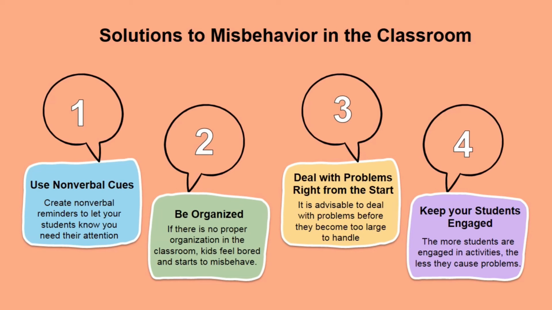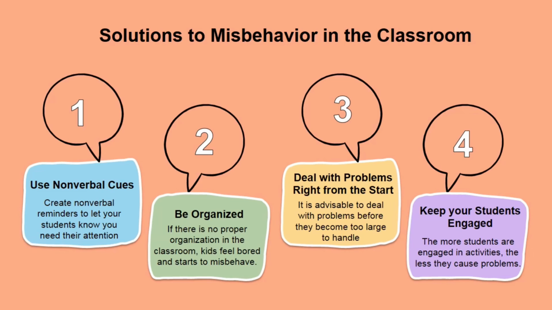We move to the next slide. The next solution to overcome students' behavior problems in classroom is use nonverbal cue. As a teacher, you can create nonverbal reminders to let your students know you need their attention.